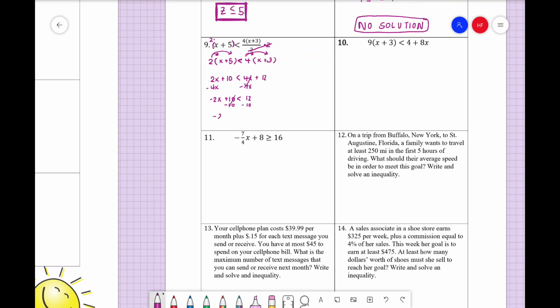So I get negative 2x less than 12 minus 10 is 2. Divide out that coefficient. Uh-oh. I see it, dividing by negative 2. So it's going to be x greater than, switches sides. 2 divided by negative 2 is negative 1.